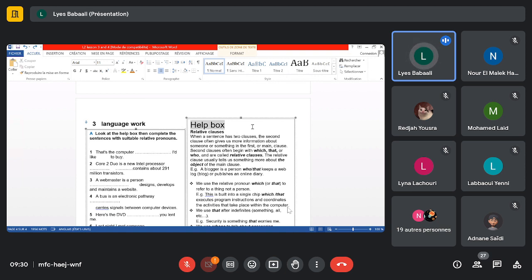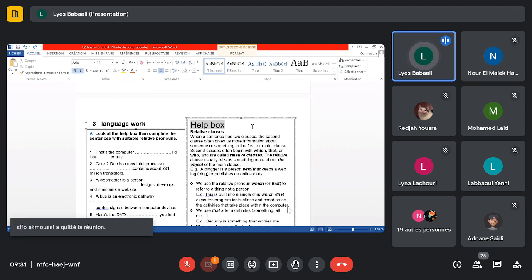When we have a compound sentence, I mean when we have two clauses, the second clause often gives us more information about someone or something in the first or main clause. So second clauses often begin with which, that, or who, and are called relative clauses. A relative clause usually tells us something more about the object or the main clause.